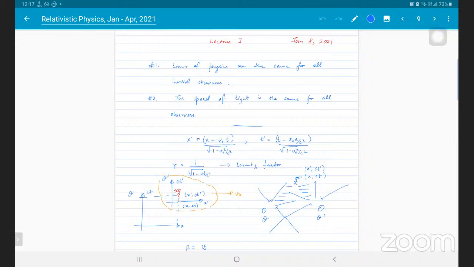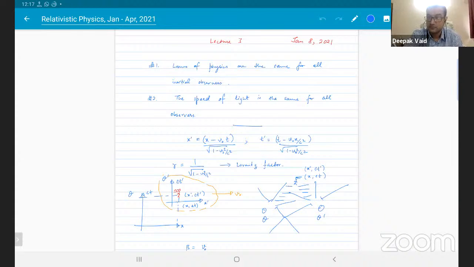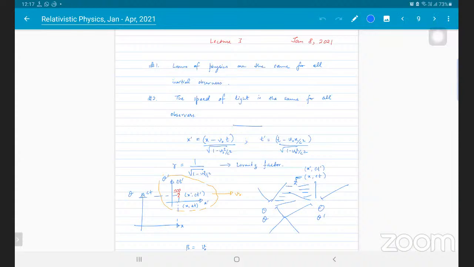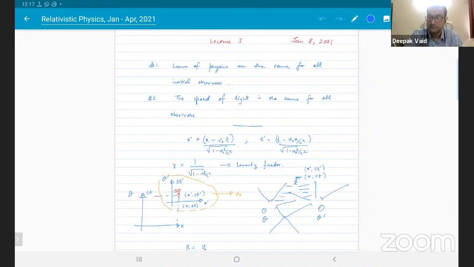So if they changed, we assume some kind of transformation that it changed. Sure. Then still Minkowski metric would be invariant in Cartesian coordinates. Yes, yes, it would be.